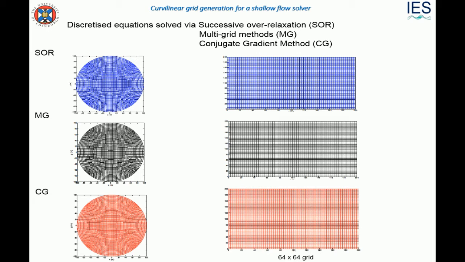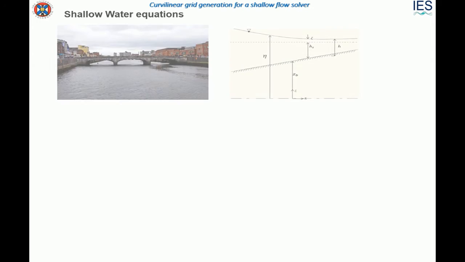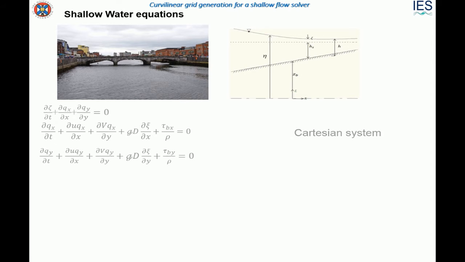Now how should I analyze the flow feature? We have different types of hydrodynamic equation. Here I chose shallow water equation. This equation is derived from Navier-Stokes equation and includes three main equations: continuity equation, momentum equation in x direction, and momentum equation in y direction.